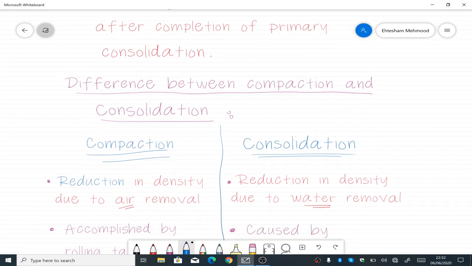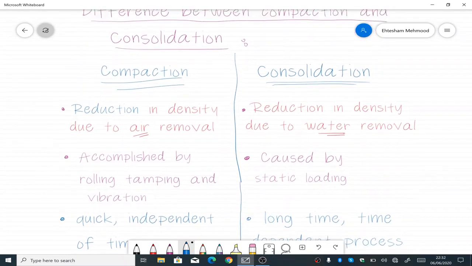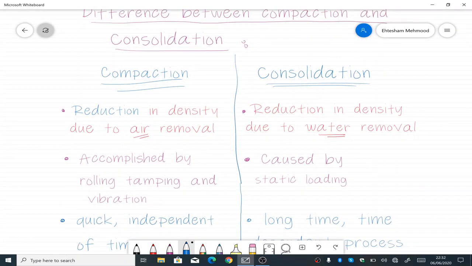Now we look at the differences between compaction and consolidation. We have already discussed compaction in our previous lectures, so it will be easier to compare the two. In both of them we have a reduction in volume, or an increase in density.